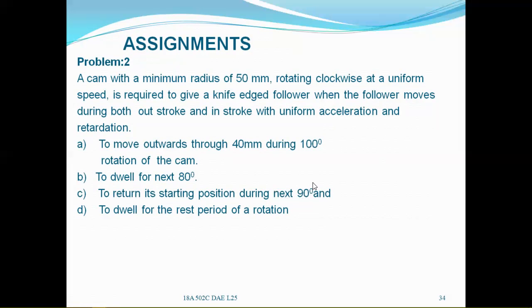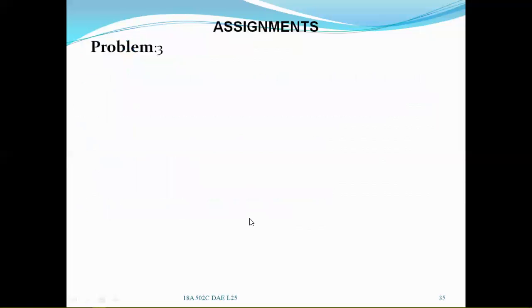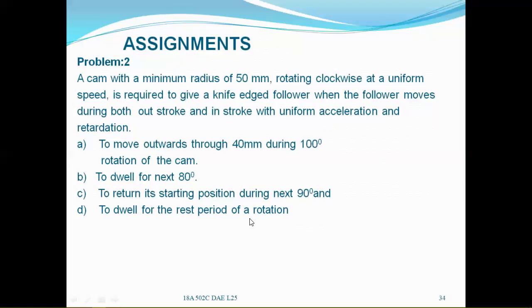This is the return stroke 90 degrees, outstroke 100 degrees, and dwell 80 degrees, and for the remaining period it is stationary. This is also a simple problem. Minimum radius is given, lift is also given, so you can draw the displacement diagram as well as the cam profile.